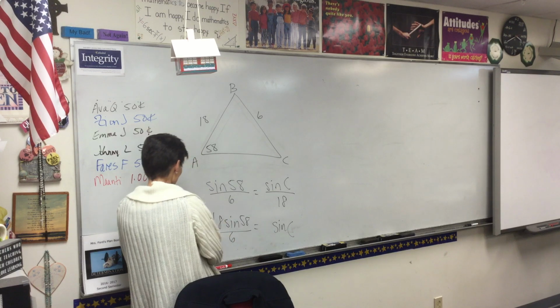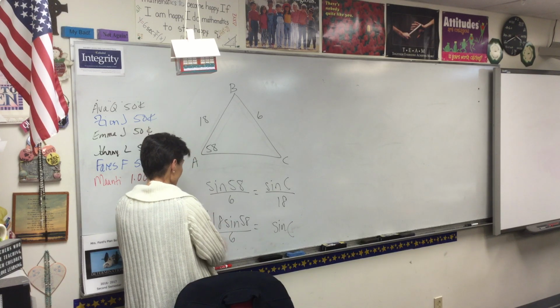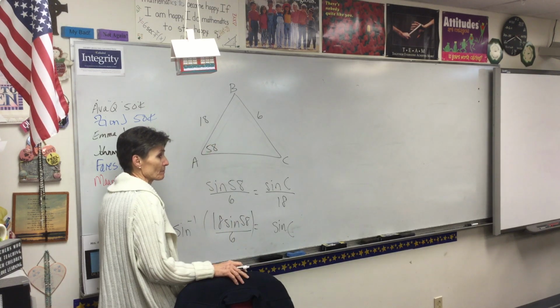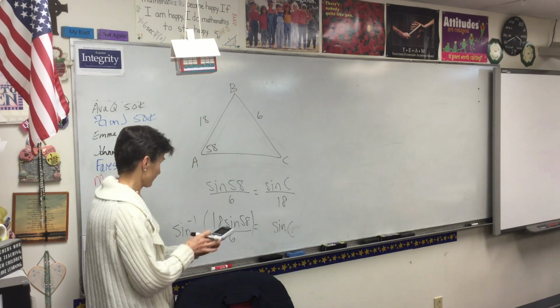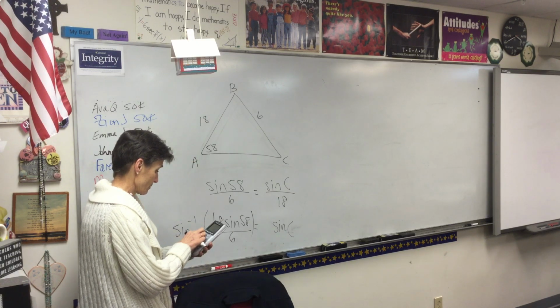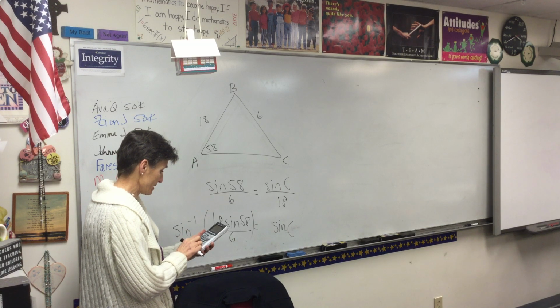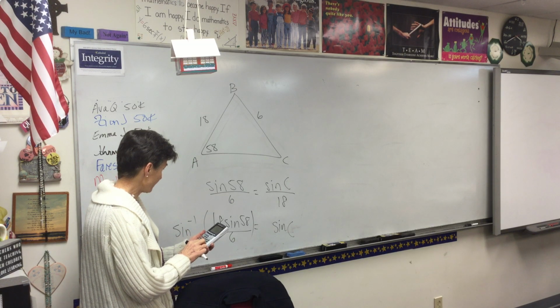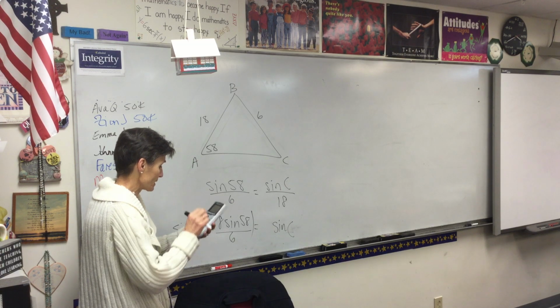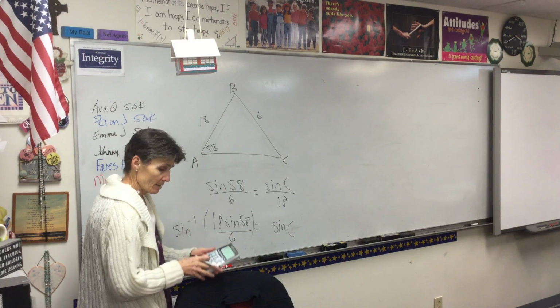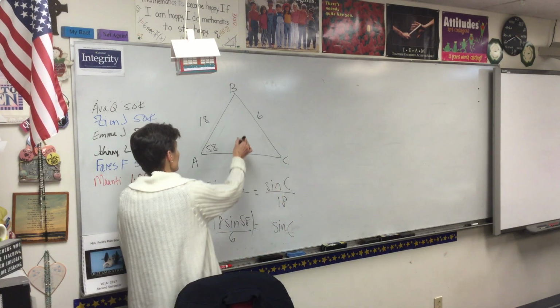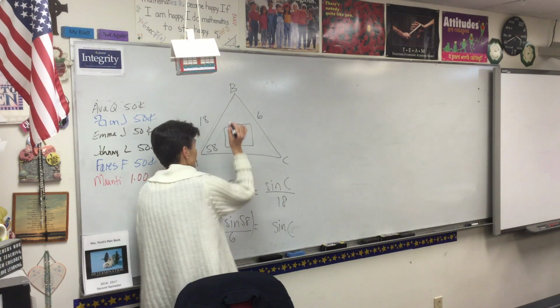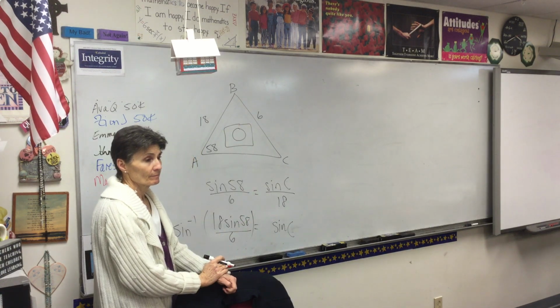So my answer is going to be second sine of 18 sine 58 divided by 6. Whoops, I got an error. That means there are no triangles for that particular situation.